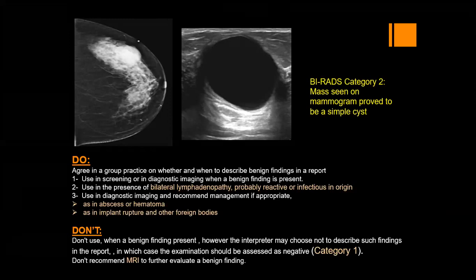In this case, it should not be reported or coded as BI-RADS 2. Since it is not described in the report, it is better not to categorize or code it as BI-RADS 2. Don't recommend MRI to further evaluate benign findings or BI-RADS 2 lesions.